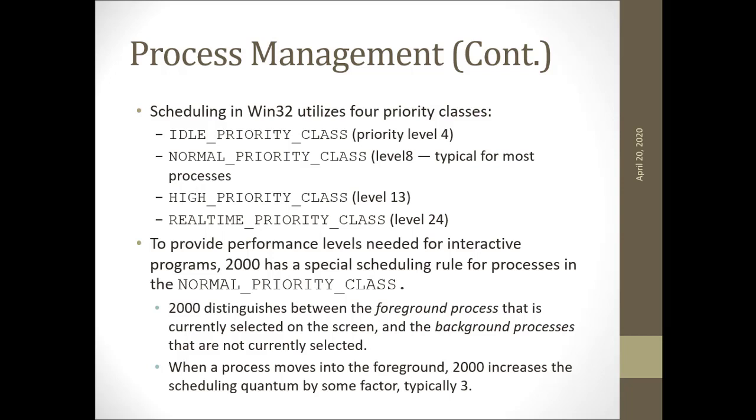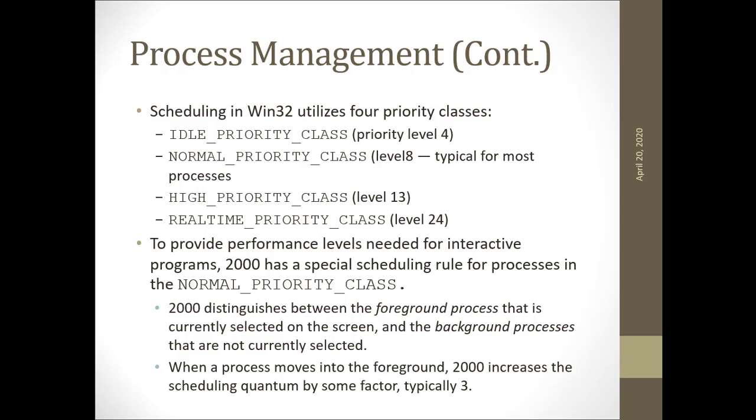Windows 2000 distinguishes between the foreground process, that is currently selected on the screen, and background processes that are not currently selected. This is the way it distinguishes between the processes.